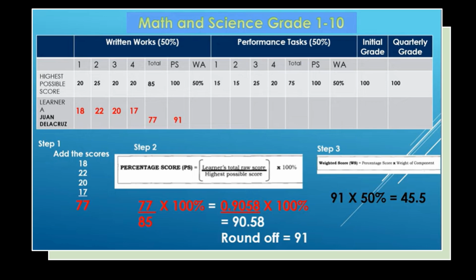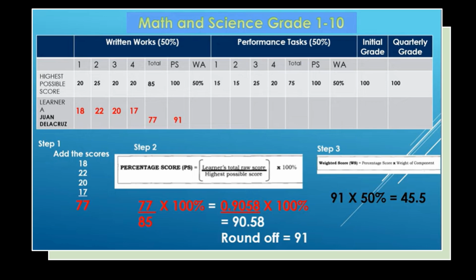Now for step 2, we solve for the percentage score of Juan de la Cruz. We do that by dividing 77, the total raw score of Juan de la Cruz, by the highest possible total score, and that is 85, multiplied by 100%.